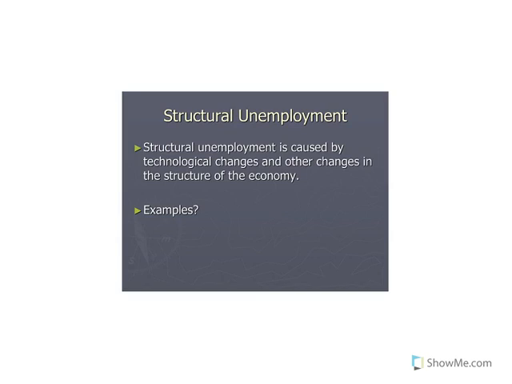The third type of unemployment that we can have is what's called structural unemployment, and this is generally caused by technological changes or other various changes in the structure of the economy or a particular industry. So imagine somebody who perhaps worked on a car assembly line for years and years, and then that auto company experienced technological advancements that allowed them to just use robots to do the same work.